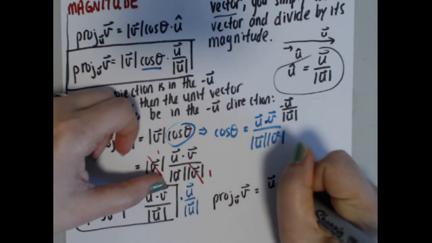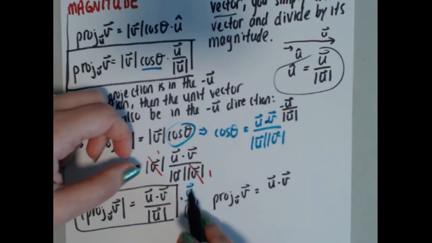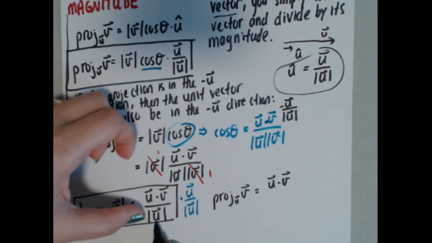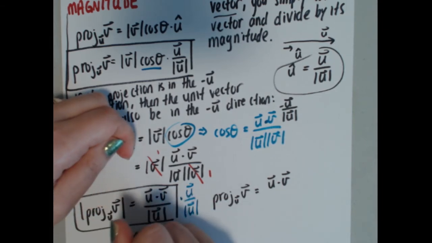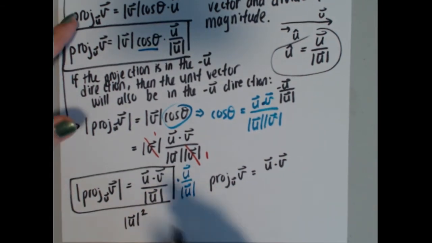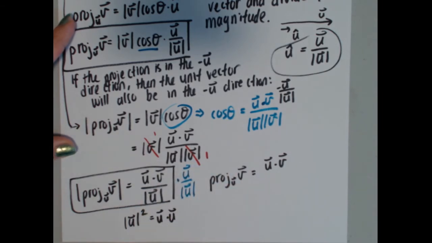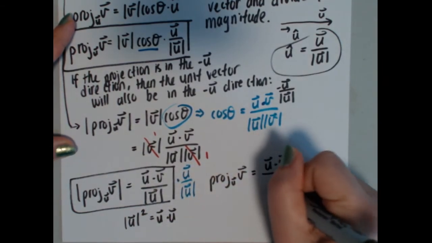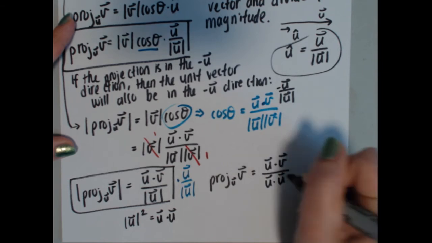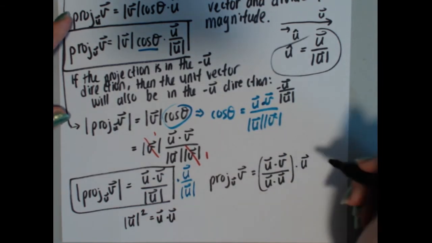In the denominator, I have magnitude of u times magnitude of u, which is magnitude of u squared. And if you recall, that's the same thing as dotting a vector by itself. We saw this in one of the earlier videos. So I'm going to replace the denominator with u dot u. And this whole thing is going to get multiplied to vector u.